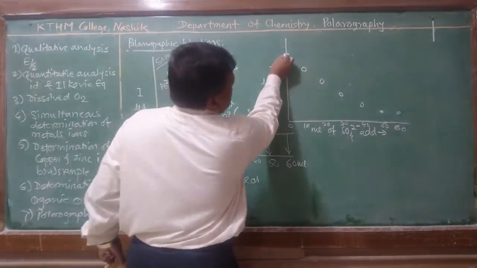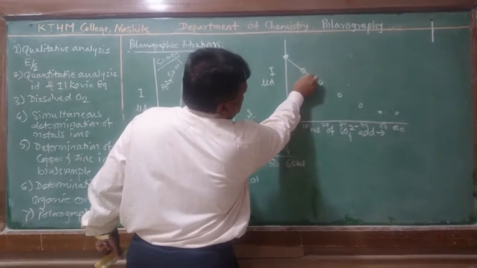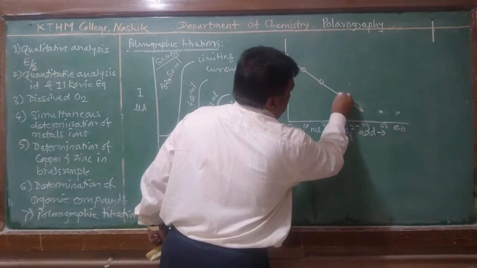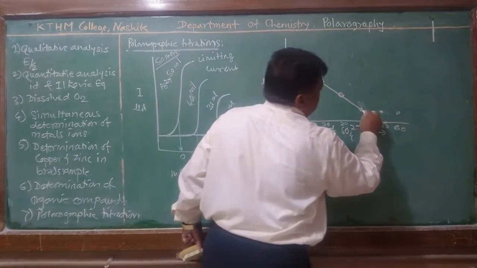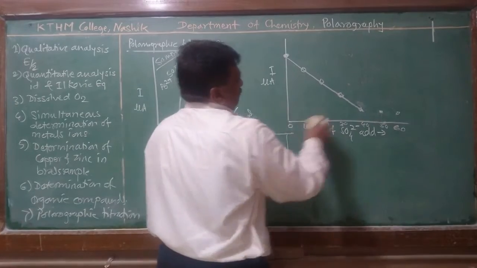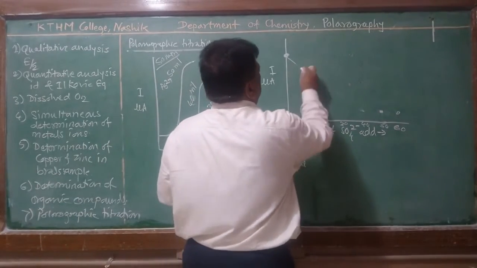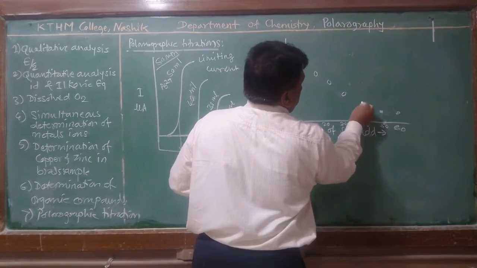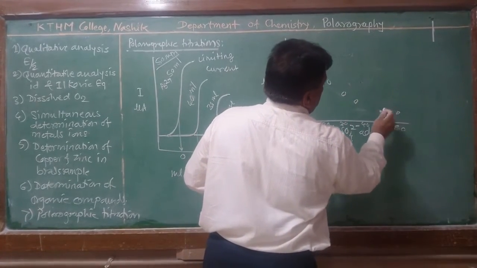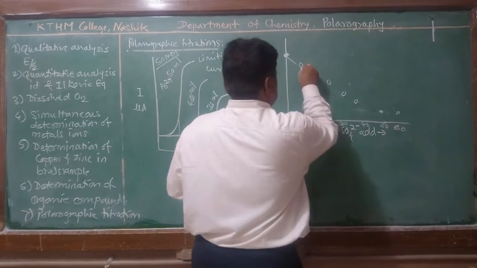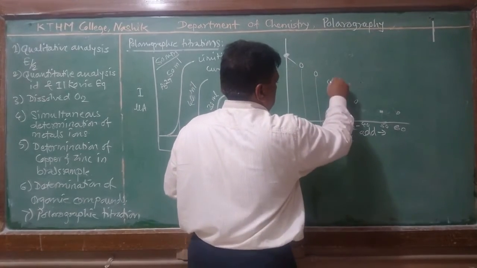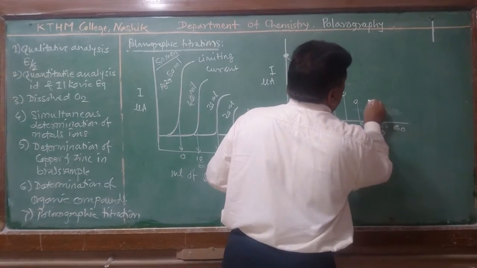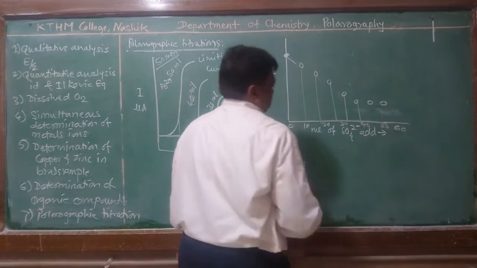Therefore, here the diffusion current or limiting current decreases for 10, 20, 30, 40, 50, and after 50 it is constant.